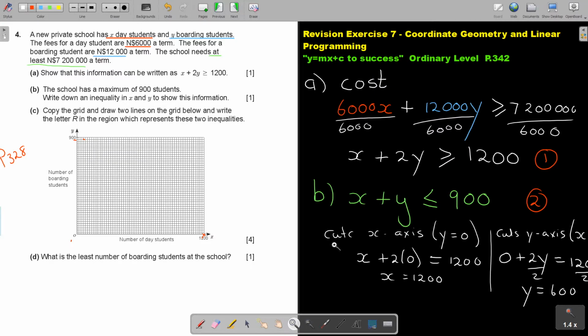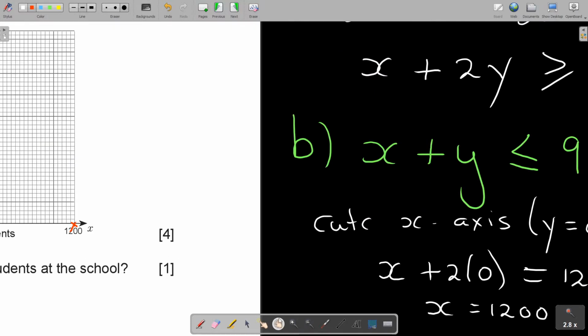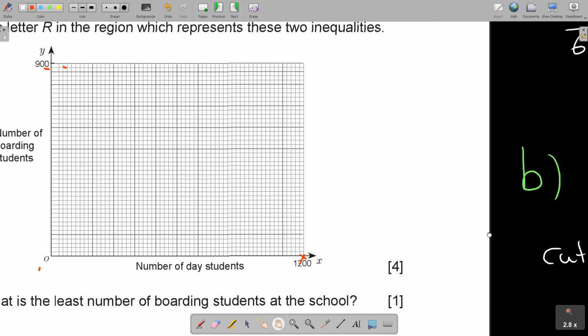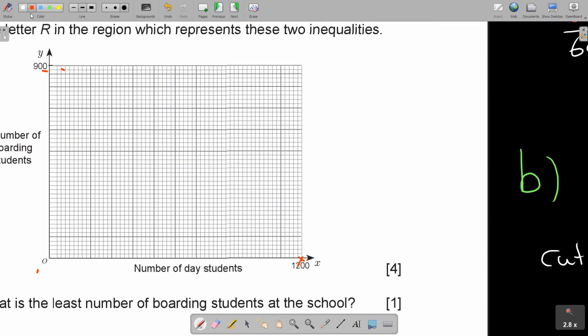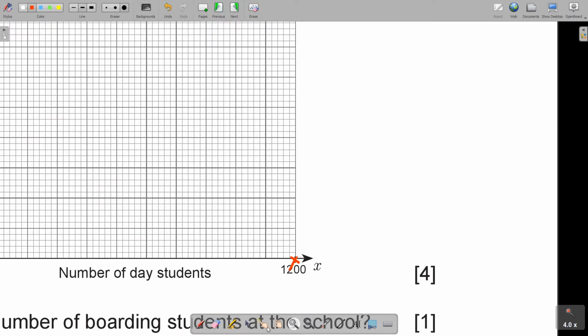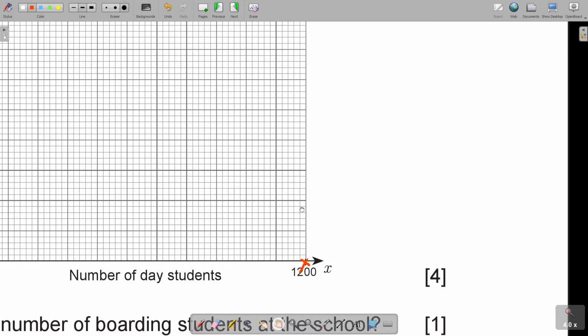Now I must make it bigger so that I can see that scale. So if that is 900, okay, let's just see. Okay, here I see the line. So I think this will be 800. Sometimes your graph will be better. I just have to make it big so that I can see it nicely.